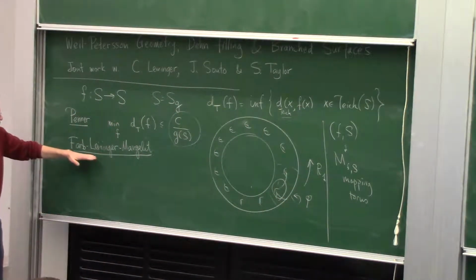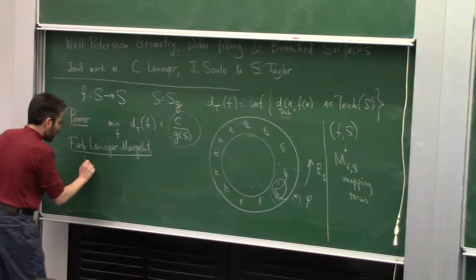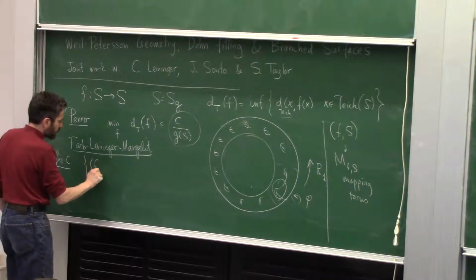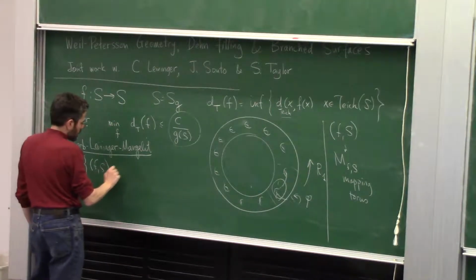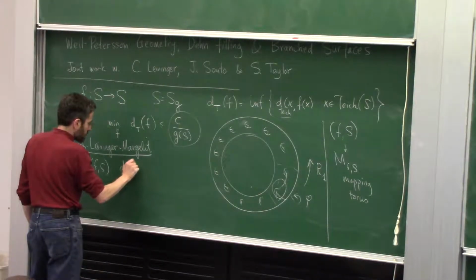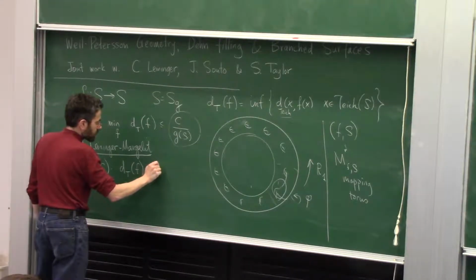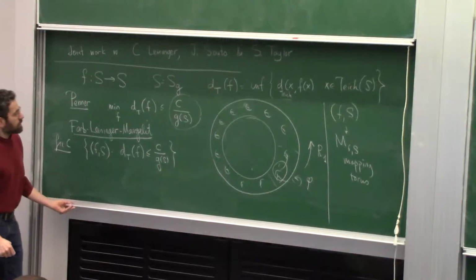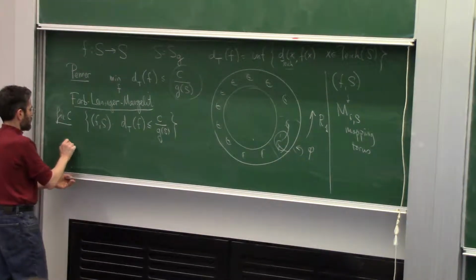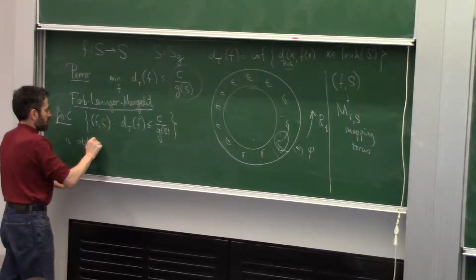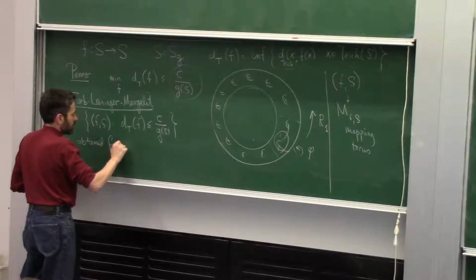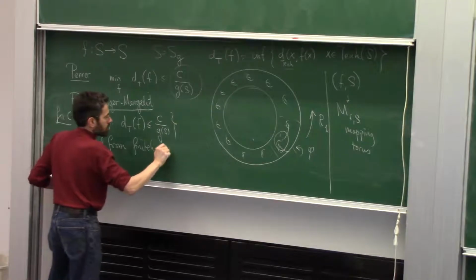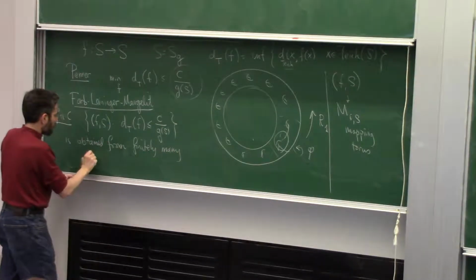And so they proved the following: if you fix C, then the set of all pairs (f, S) such that the Teichmüller dilatation of f is less than or equal to that constant over g, that set is obtained from finitely many cusped 3-manifolds.